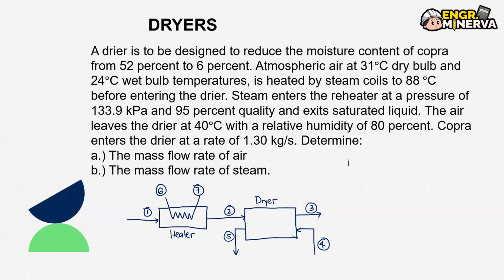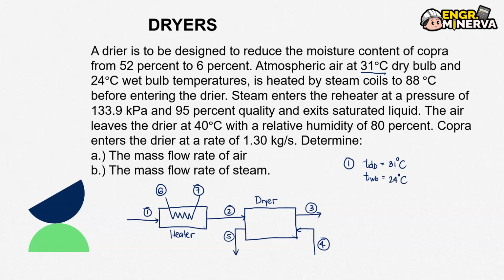So point 1, that is where the air is going in. It is said that atmospheric air is at 31 degrees dry bulb and 24 degrees wet bulb.